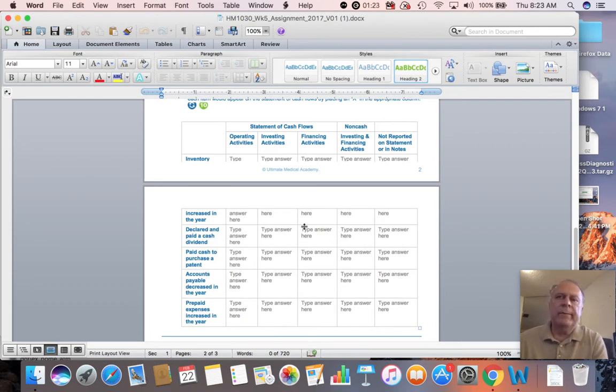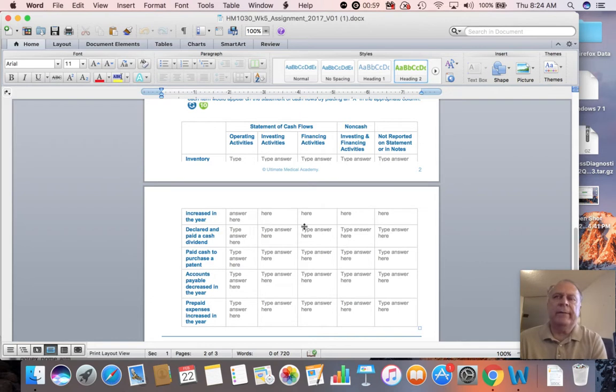And the thing to remember here is that you're going to put an X in one and only one column. And we're going to be dealing mainly with the first 3, operating activities, investing, and financing activities. So what you have to understand to complete this successfully is which category on the balance sheet each of these items is.